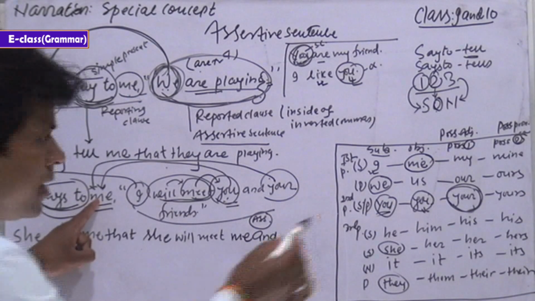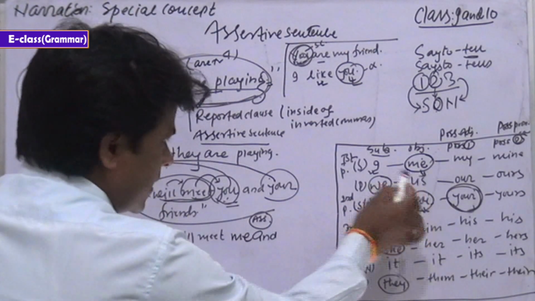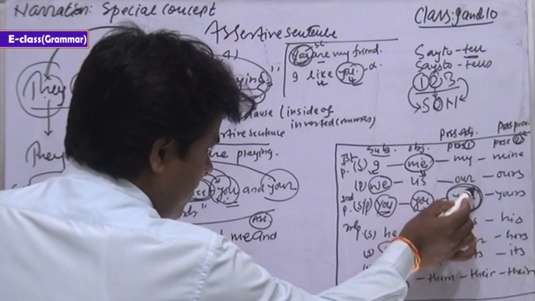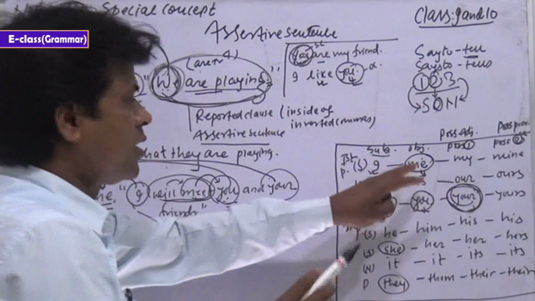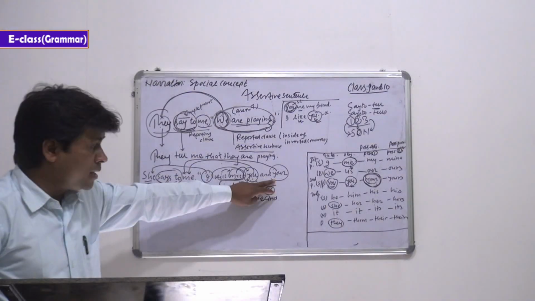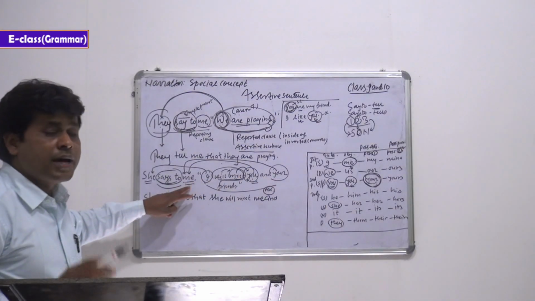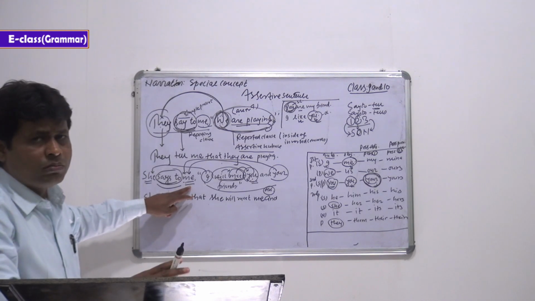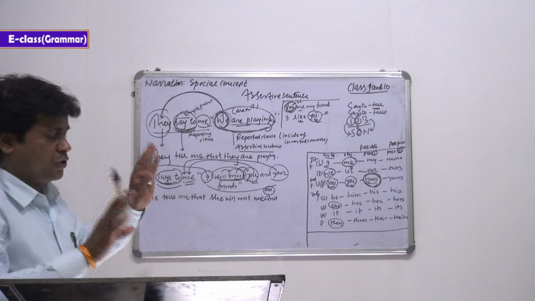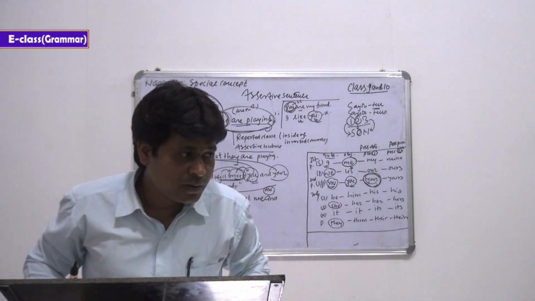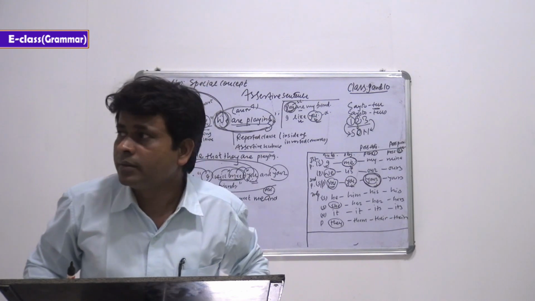Which case is this? Me. Objective case. And your possessive case. Case did not match over here. You is the possessive one and me is an objective case. Did the case match there? No. My dear students, if case doesn't match, you have to match the case.